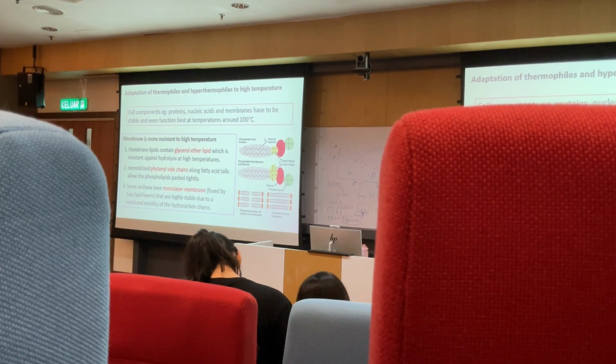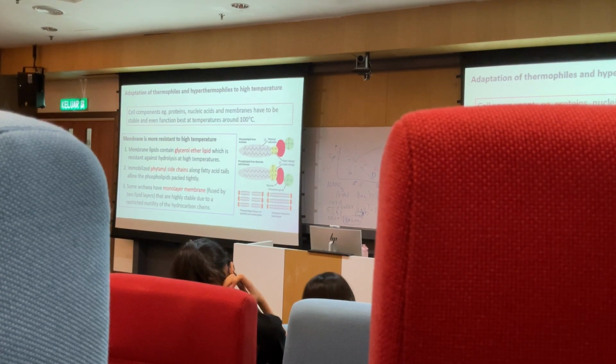And furthermore, as I just mentioned, some archaea have this tetraether monolayer, so that they actually stabilize the membrane by having only one layer rather than two layers. So this is how they stabilize the membrane. Any others? Yes.